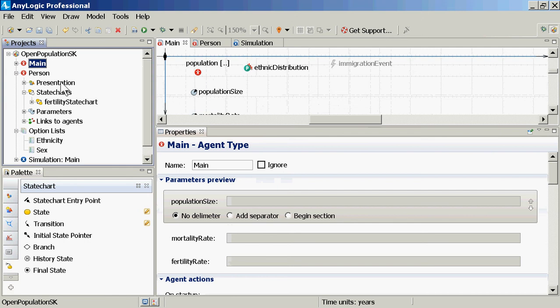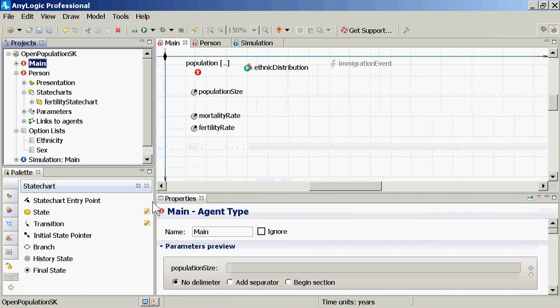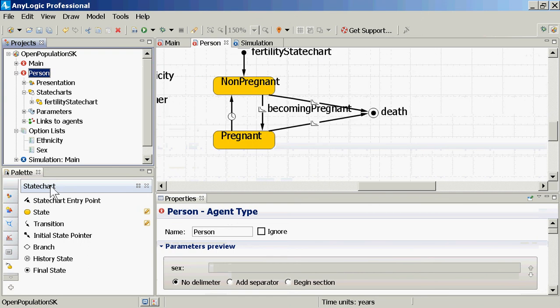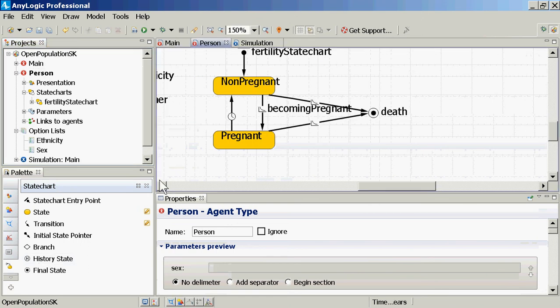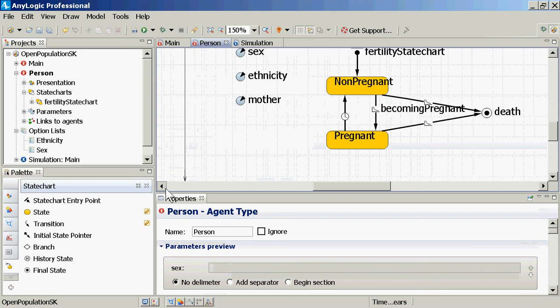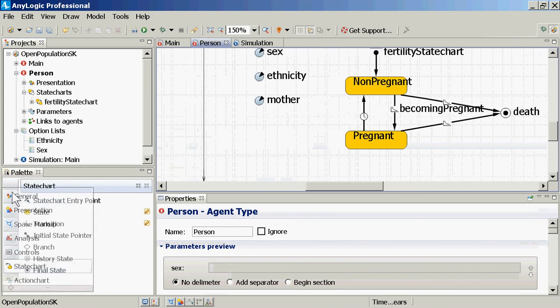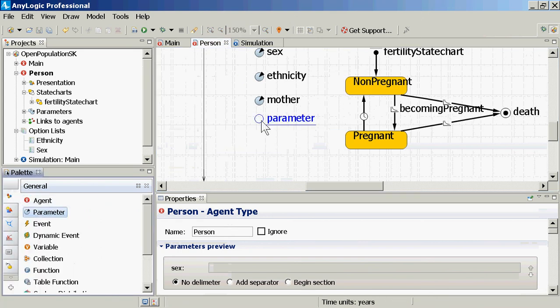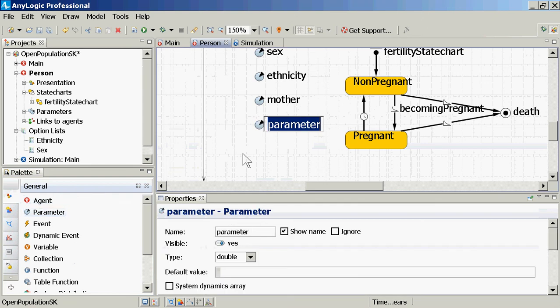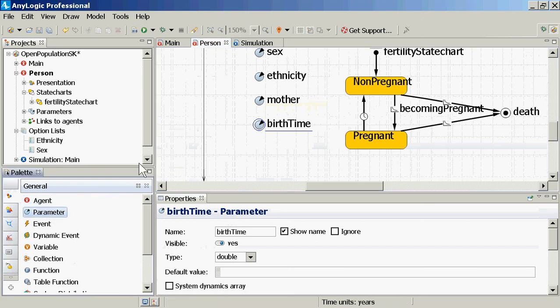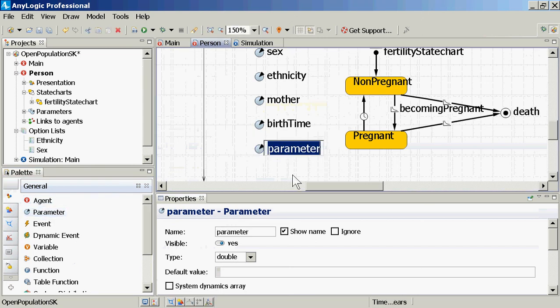So we're going to go up. Well, first we're going to go to person here, and we're going to add 2 parameters to that person. One, we're going to add a parameter for their birth time. And second of all, we're going to add a parameter for their ID.